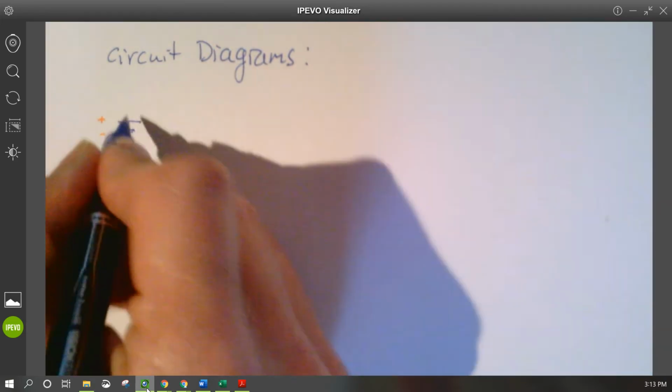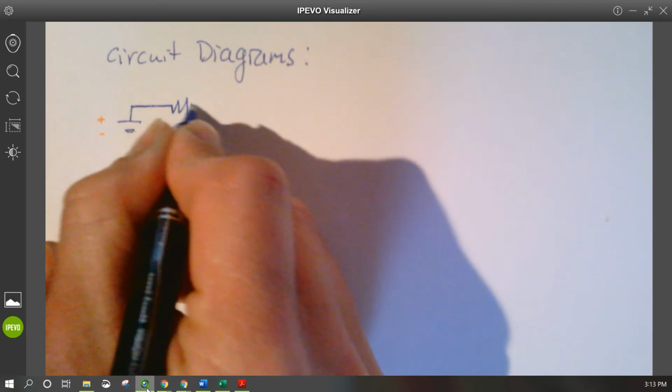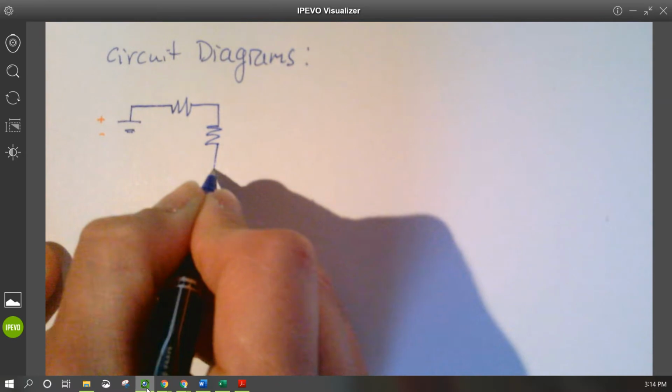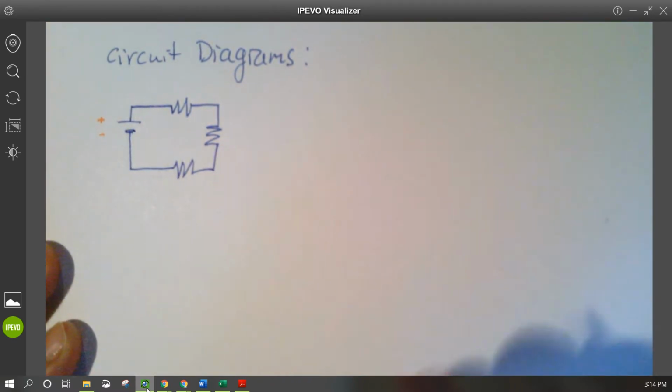So that's just important if we're looking at what direction current is flowing. Then I'm just going to use straight lines to represent the wires. And I'm just going to draw one that's got three resistors in the circuit. So here's one example of a series circuit.